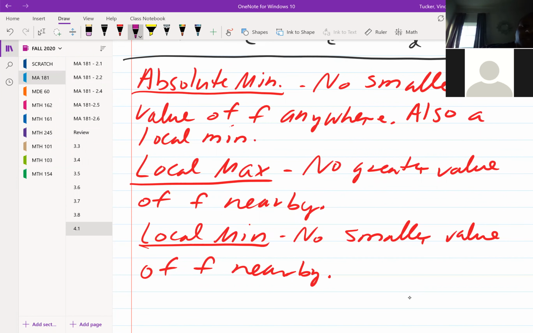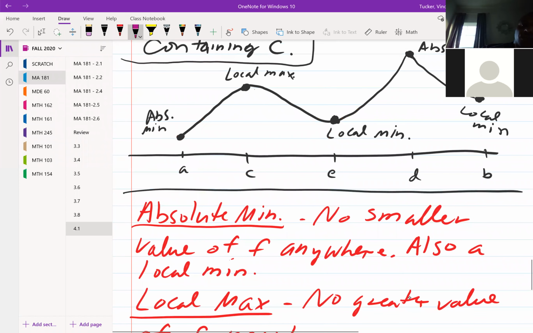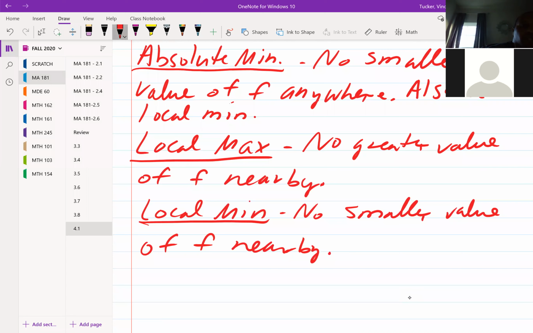And I don't think I emphasized that this just represents the function f of x. This graph, this line, this wave just represents the function f of x.